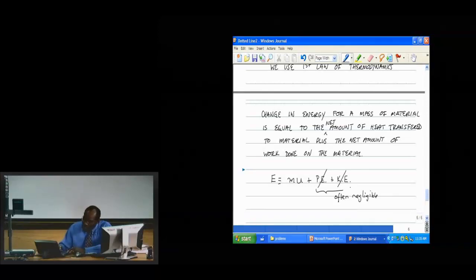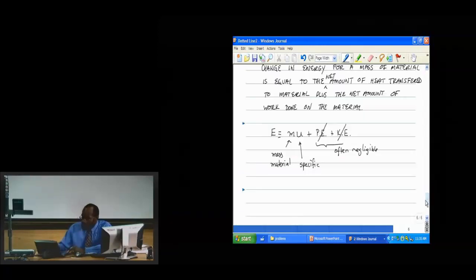M is the mass of material. U here is the mass-specific internal energy.